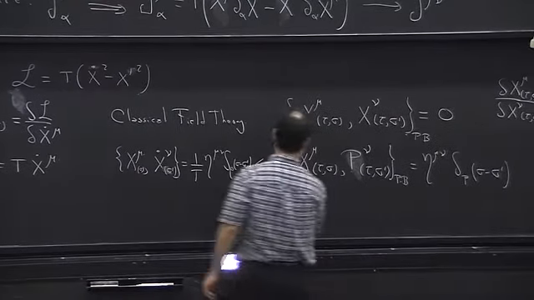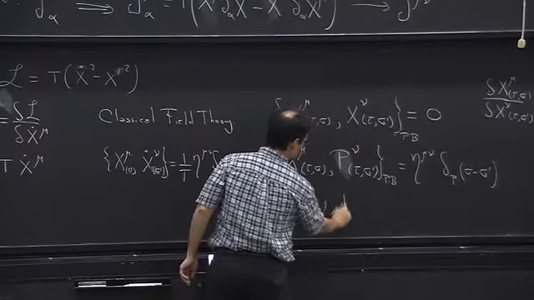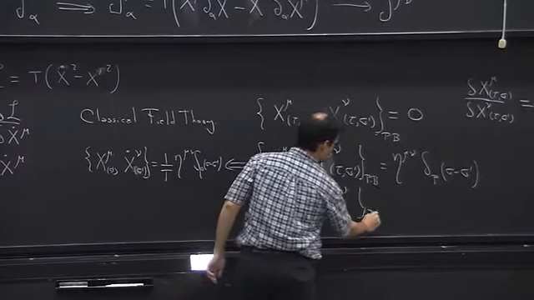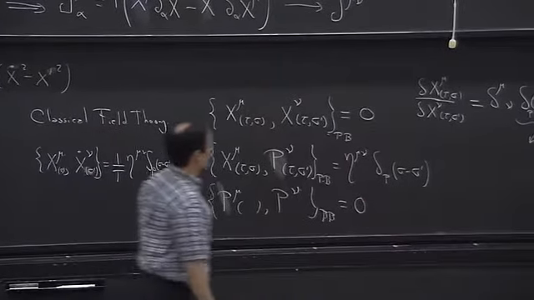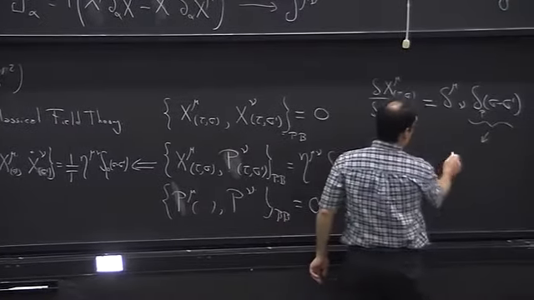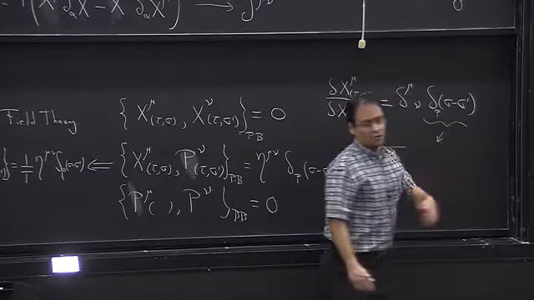Well, the last Poisson bracket that we need, of course, is P mu with P nu, which is equal to 0. So this periodic delta function is defined not as a Fourier transform.